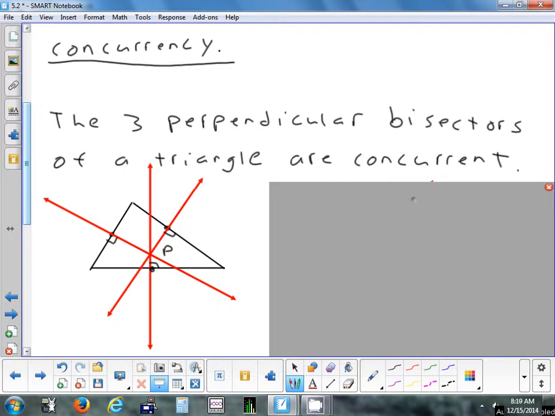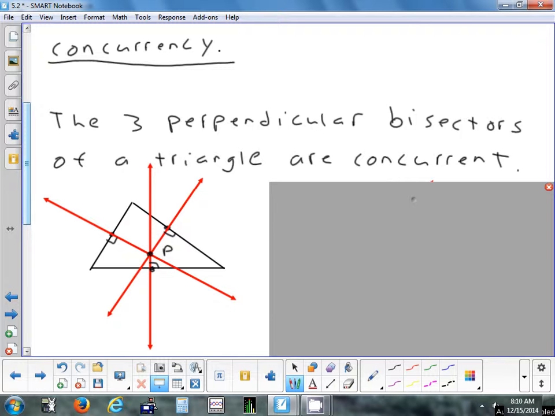Each red line goes through the midpoint of one of the sides, and also forms a 90-degree angle with the side right at the midpoint. If you sketch it reasonably accurately, we can see that there's a point of concurrency. I labeled it point P, right there. Any question on that?